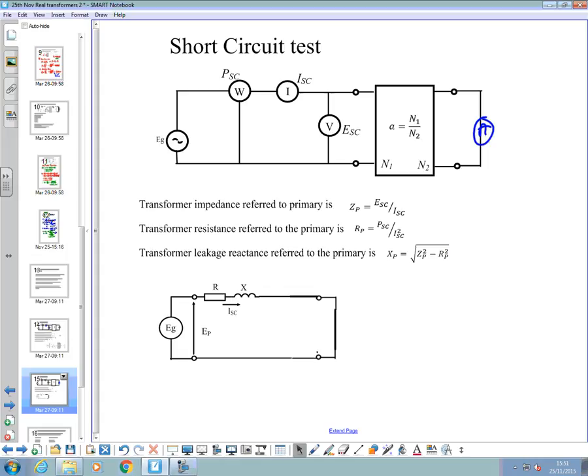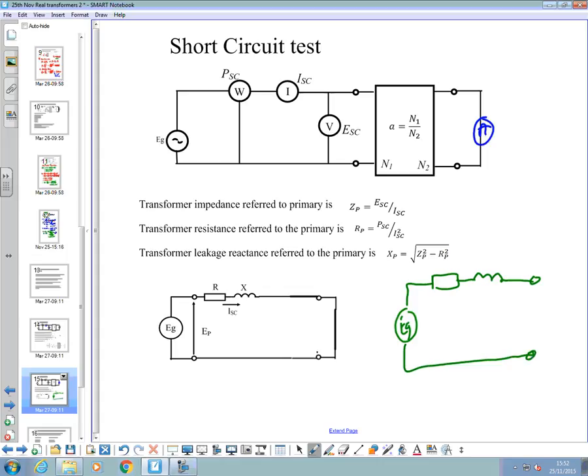We can then disconnect, we can then put a load. So if we effectively take that out, we've got a value for EG, we've got a value there for those two components.